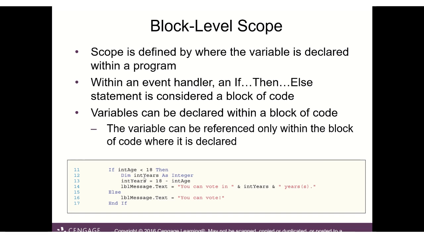This int years variable is meaningful only within the block defined by line number 11 through line number 15. If you want to refer to this int years at line number 16, it will throw an error because this variable has a scope only within line number 11 through line number 15. So the scope is at the block level.